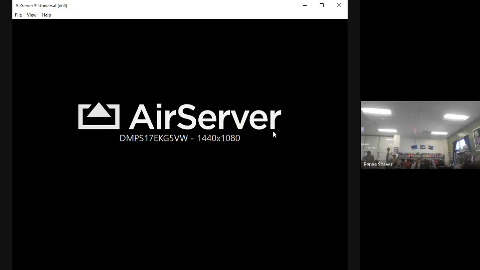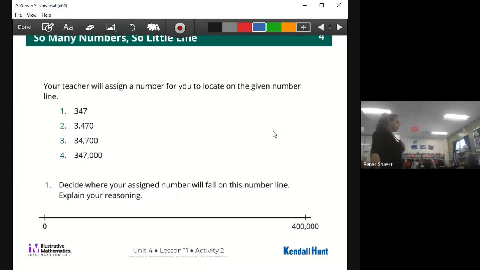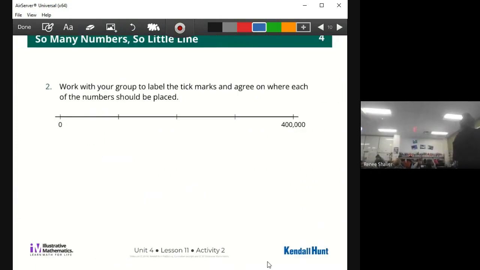Okay, once you have written your explain, then for number 2, it said work with your group to label the tick marks and agree on where each of the numbers should be placed.